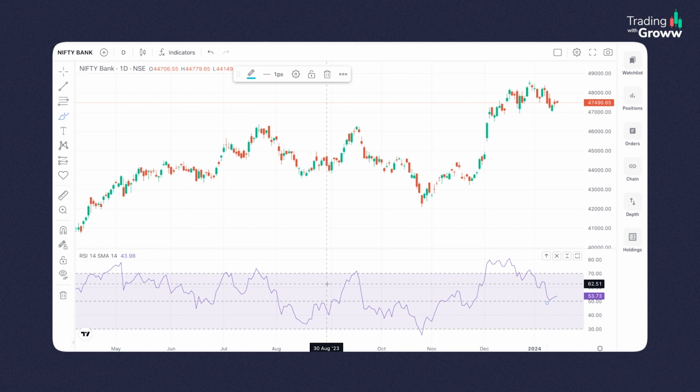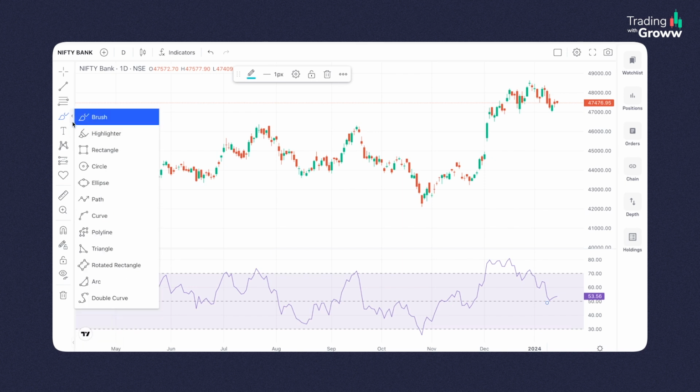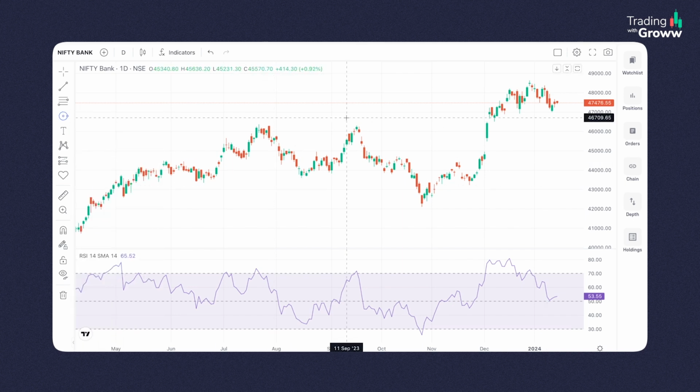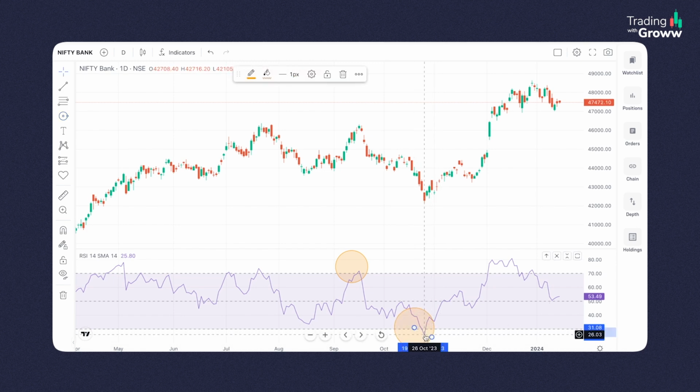As you could see, we are going to identify certain specific reversals that are going to happen not on the price but on the RSI levels. See this level where RSI moved above 70 and then started going down. Similarly, in this level where RSI went below the oversold region and then started moving up.